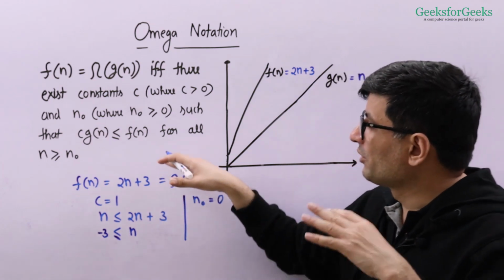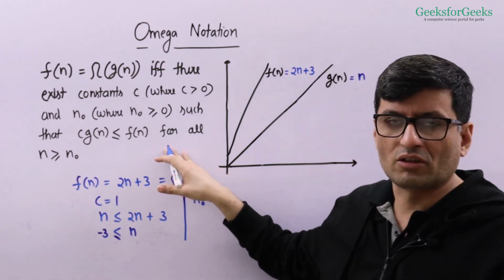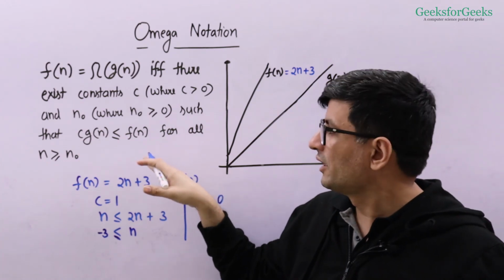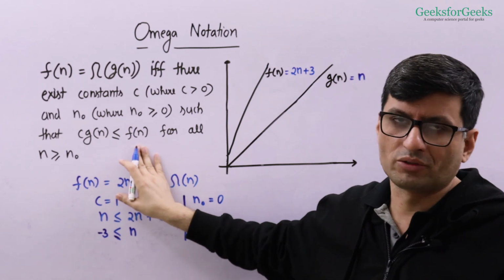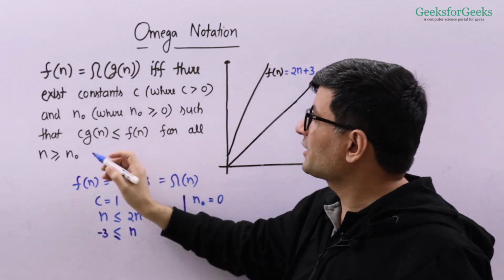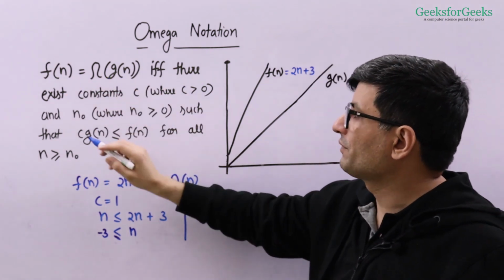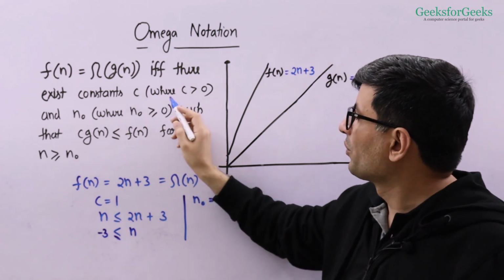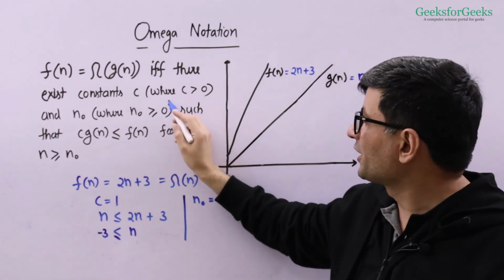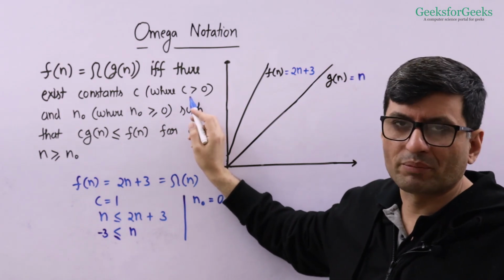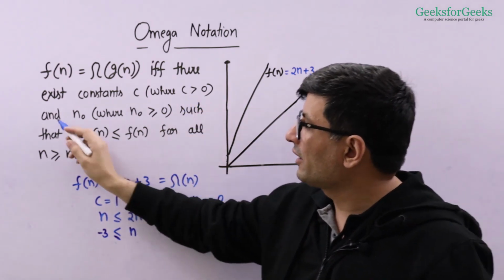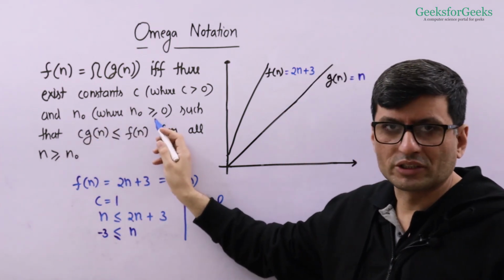If you take a closer look at this mathematical definition of big omega notation, it's opposite of big O notation. It says that Fn is big omega of Gn if and only if there exists constant C where C is greater than 0. See, this condition C is greater than 0 is there in big O notation also, and n naught where n naught is greater than or equal to 0.